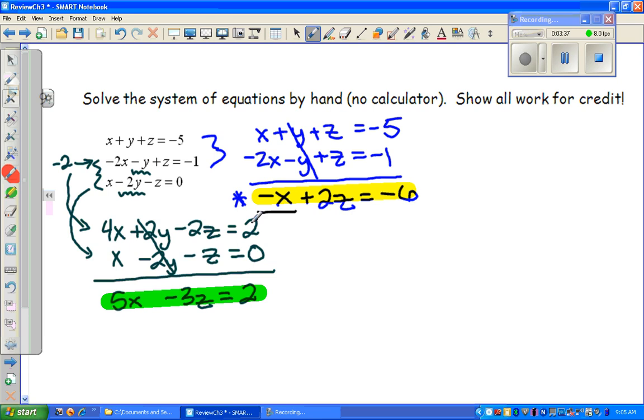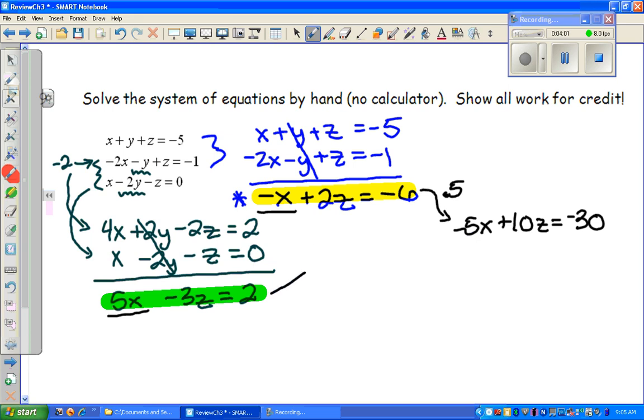Over here I have a negative x, and over here I have a 5x. So if I multiply the yellow equation by 5, I'll have opposites. So I'm going to multiply it by 5. That'll be negative 5x plus 10z equals negative 30, multiplying every piece by 5 there.